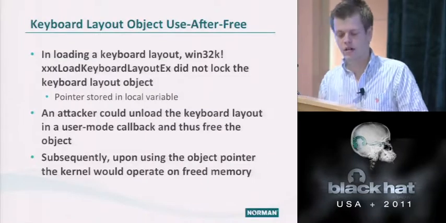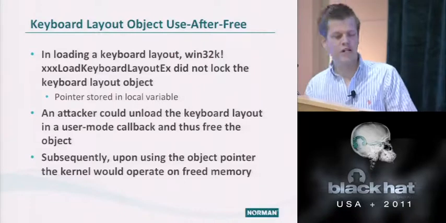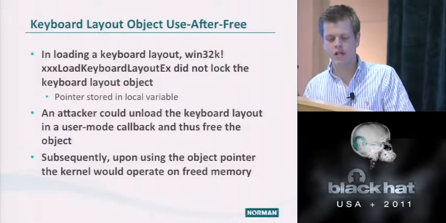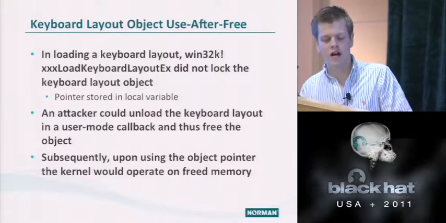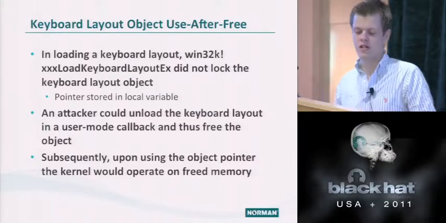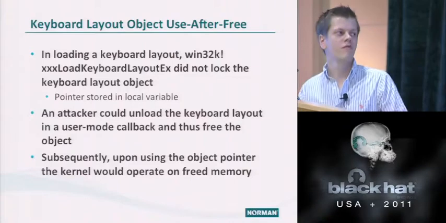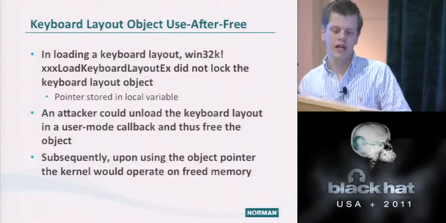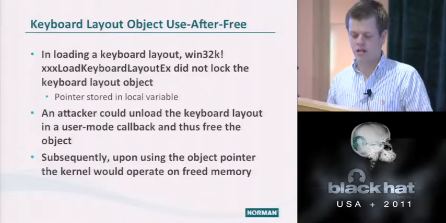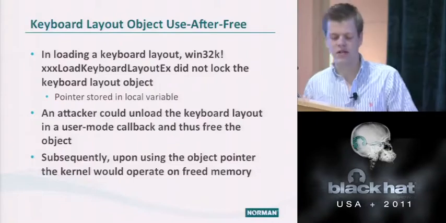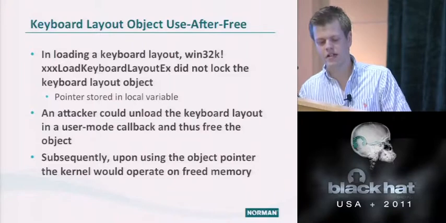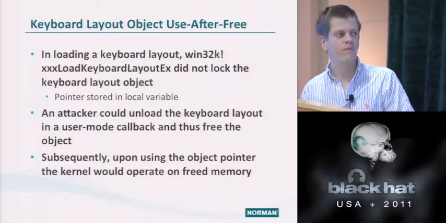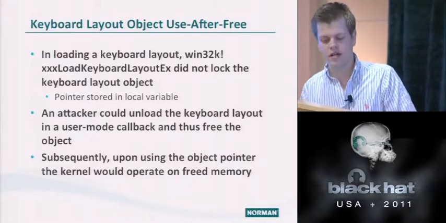Here's another one. This was in keyboard layout objects. So when you load a keyboard layout object, you can optionally call this X function. What that does is that it tries to unload a handle that you first provide. The problem with this was that Win32k did not, again, lock this handle. It simply got the pointer to the object.